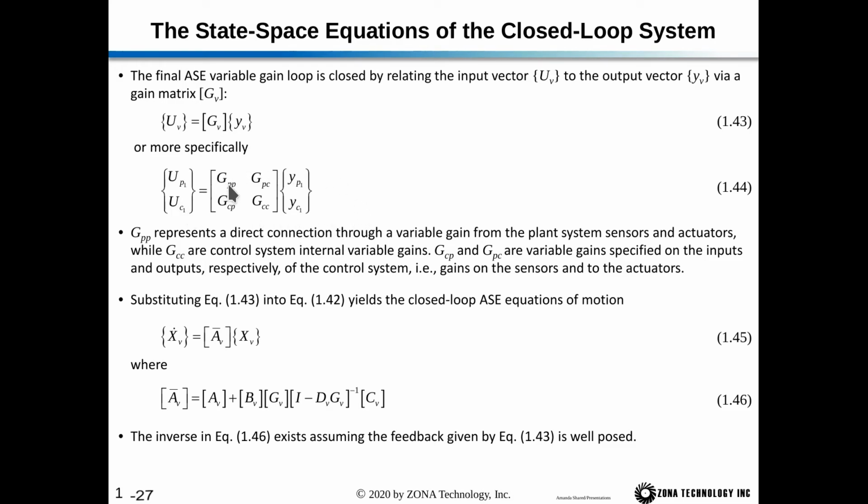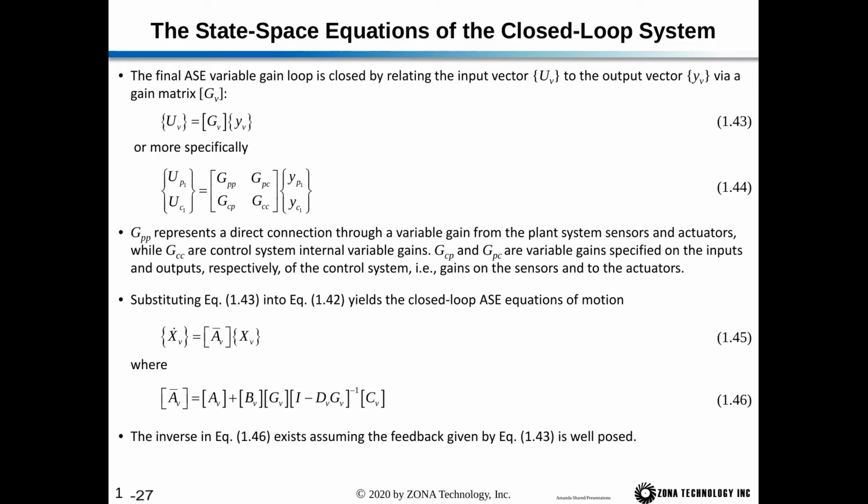So GPP here represents the direct connection through a variable gain from the plant, system, sensors, and actuators. GCC are the control system internal variable gains. And then GCP and GPC are the variable gains specified in the inputs and outputs, respectively, of the control system, that is, gains on the sensors and to the actuators.